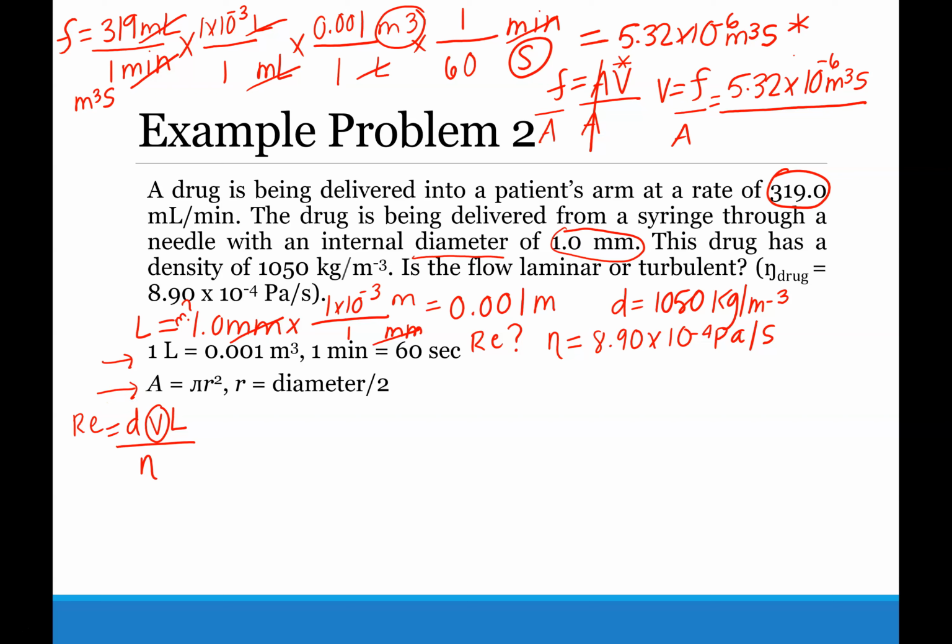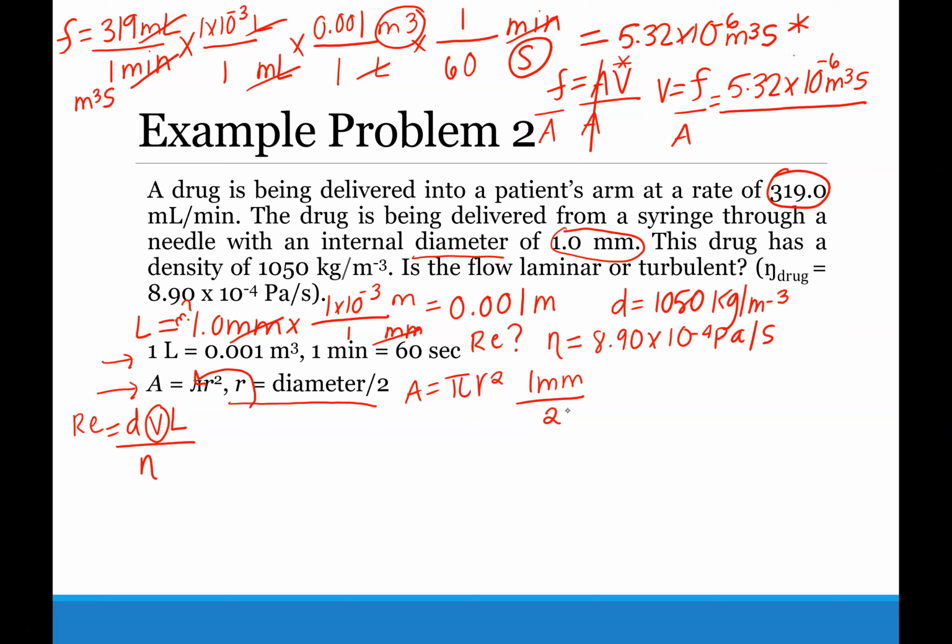So we know that area equals pi r squared. And we're given a diameter of 1 millimeter. And so we're told that the radius, to be able to use this equation over here, is the diameter divided by 2. So we should take 1 millimeter divided by 2.